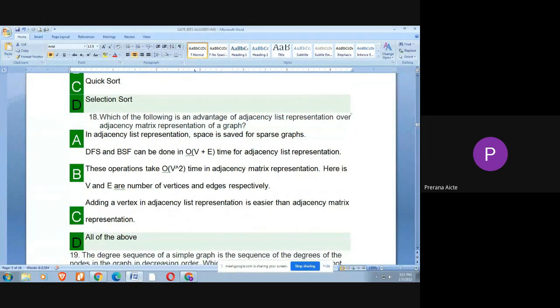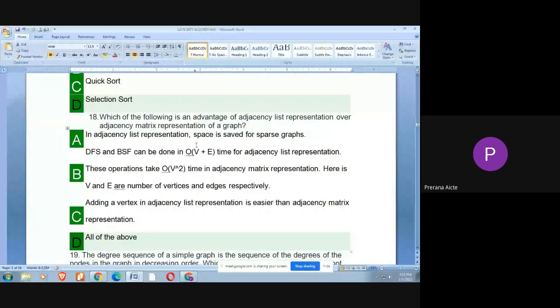And adding a vertex in adjacency list representation is easier than in adjacency matrix representation. Yes, we are going to add one more adjacent vertex to the vertex. So adding by linked list, adding a vertex is easy compared to adding a vertex in the matrix representation. So all the three cases are the advantages compared to adjacency matrix representation.